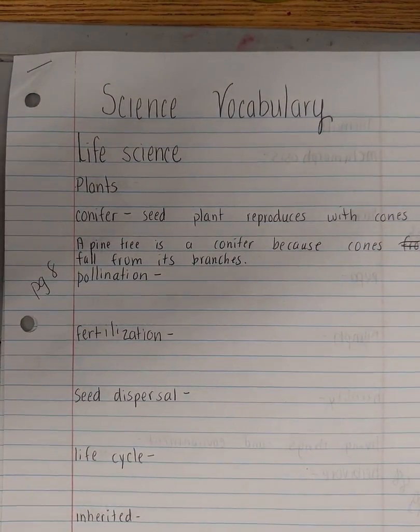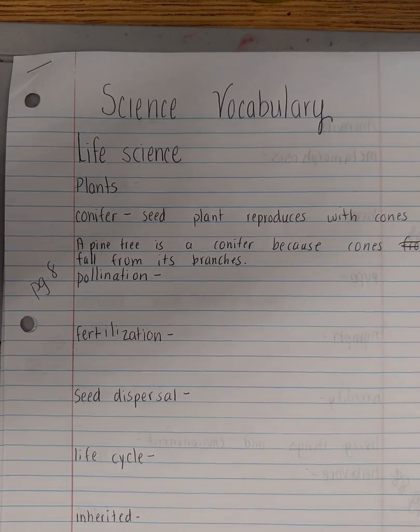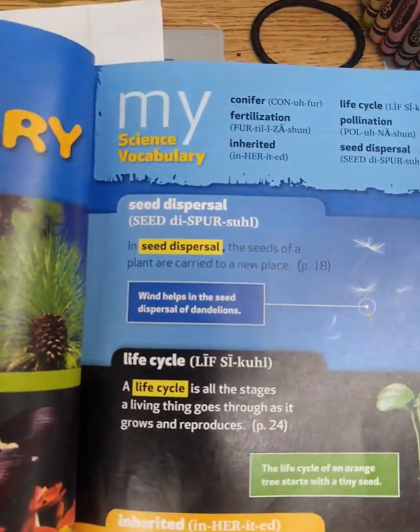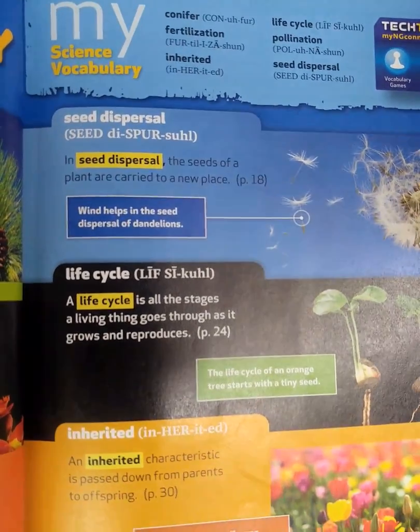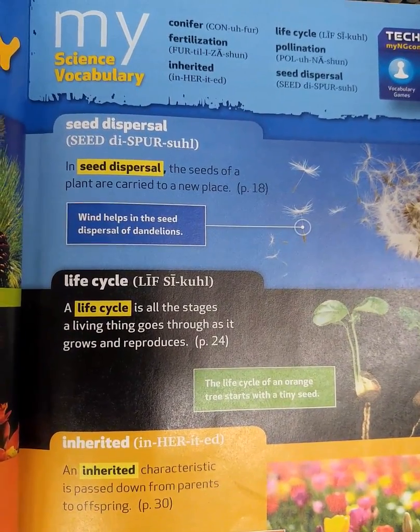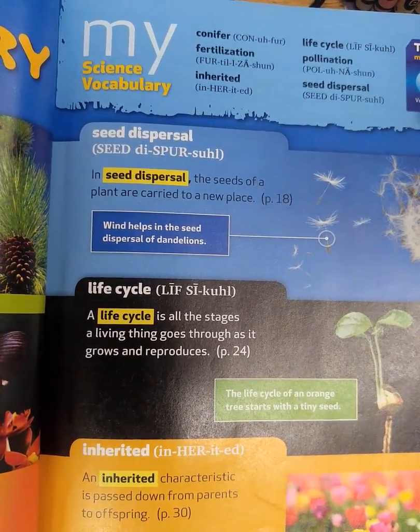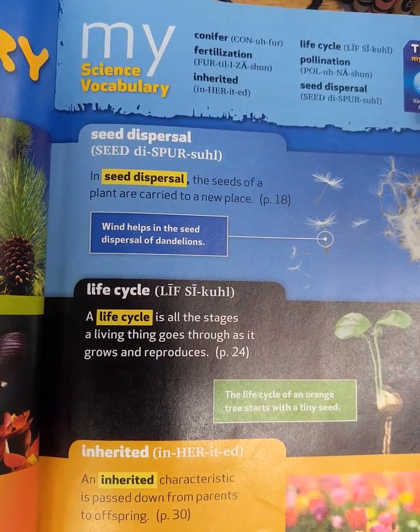It's also on page 9, and I don't know if I'm going to be able to get the book underneath there so that you can see it. Page 9, let me try moving this over a little bit. Page 9 has our other vocabulary terms. We have seed dispersal. In seed dispersal, the seeds of a plant are carried away to a new place.